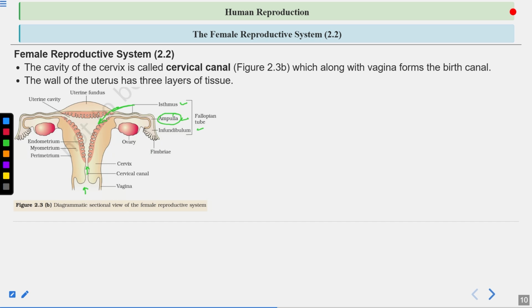Some hormonal pills are taken, which cause inflammation of the cervix. So there is no space for the sperms to travel because the cervix becomes inflamed. This stops the sperm from reaching the ampullary region of the fallopian tube, and it stops the process of fertilization and thus pregnancy.